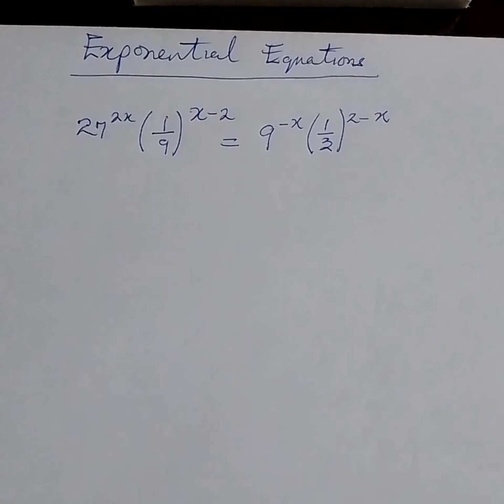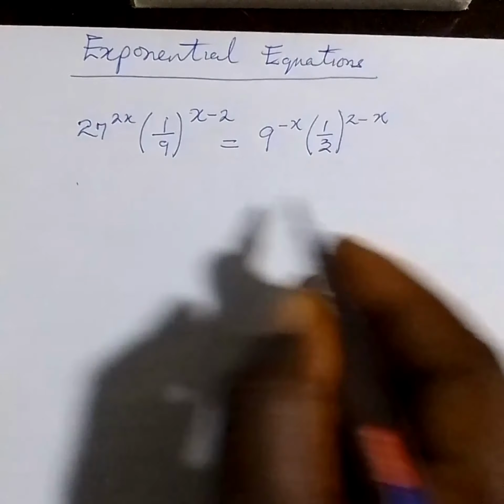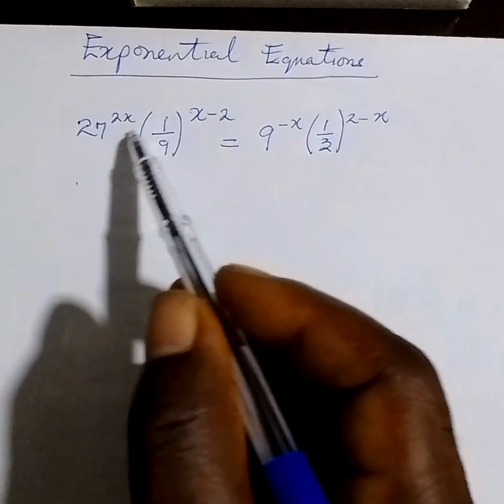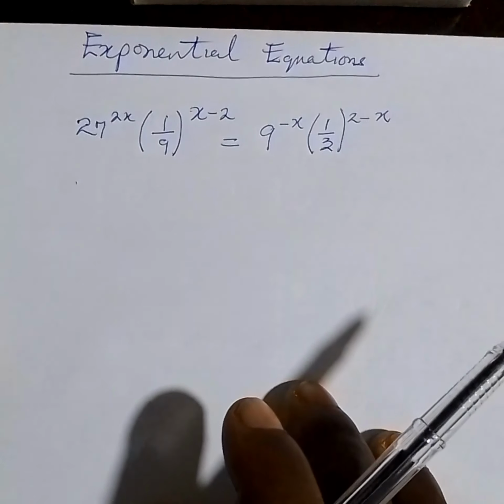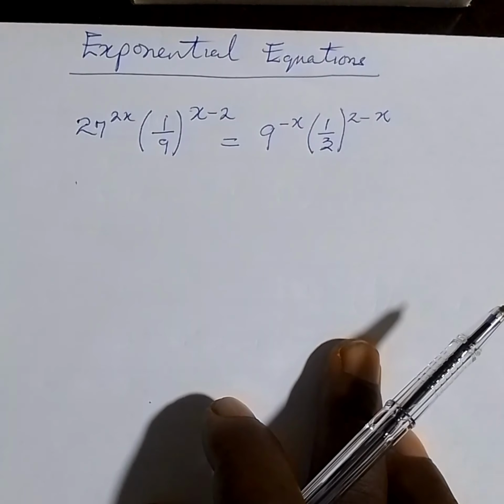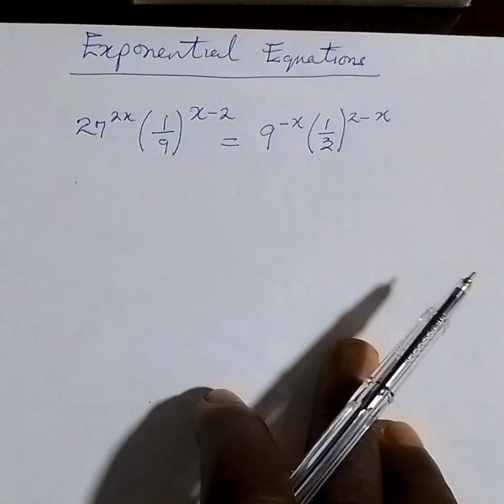Now, first let's say we have a solution. The question is 27 to the power of 2x, open bracket, 1 over 9 to the power of x minus 2, equal to 9 raised to the power of minus x, open bracket, 1 over 3 to the power of 2 minus x.